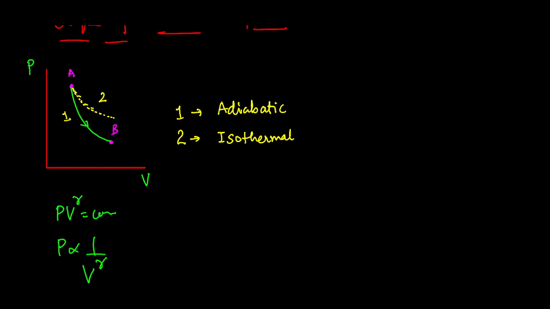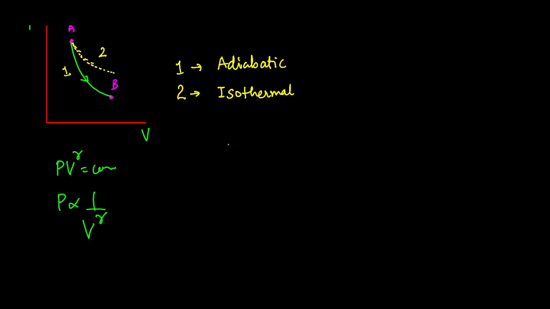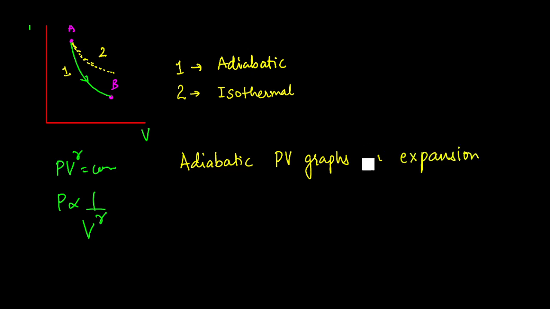So we can summarize this, we can write this as the following sentence. Write: adiabatic PV graphs for expansion are steeper than for isothermal.